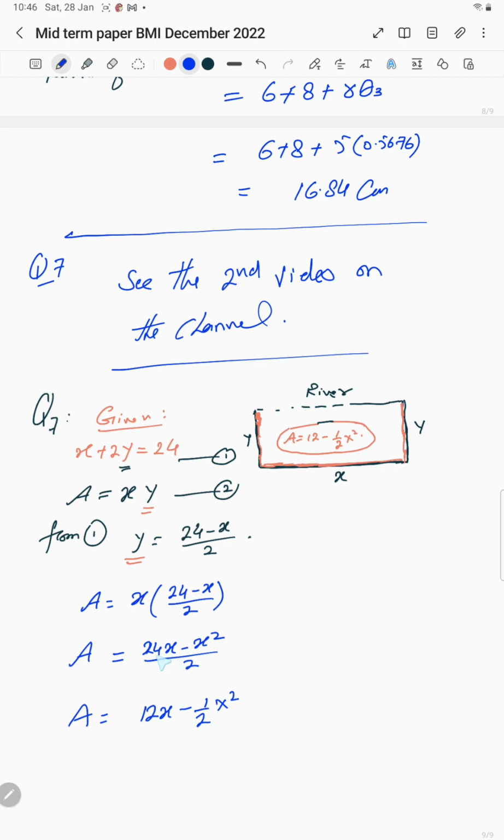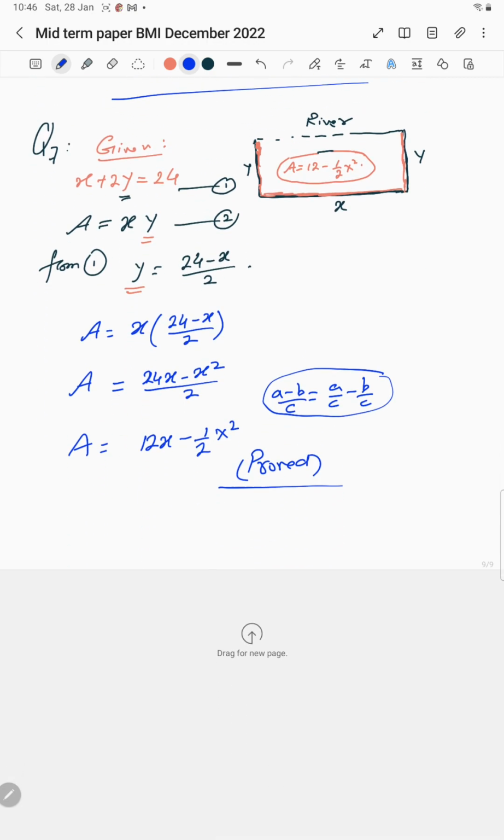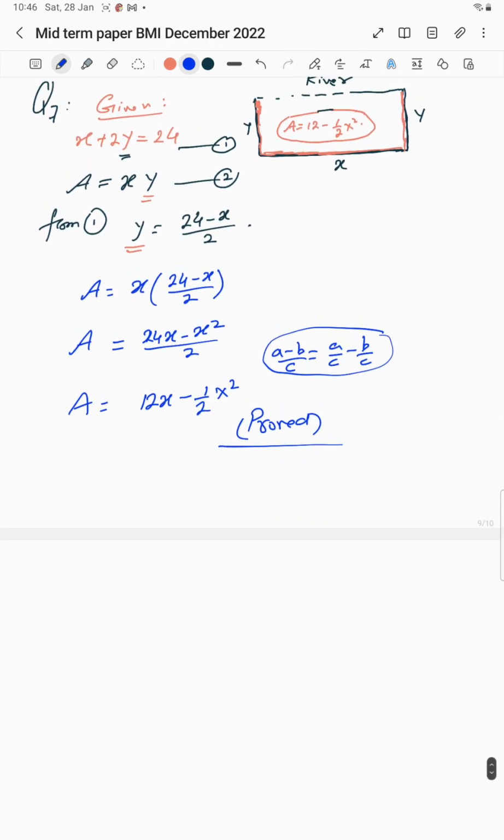When you divide this by 2, applying the property (a minus b) over c, distribute it like this. So this is what we have to prove. So here we can say hence it has been proved. The area of this three-sided fence rectangular field is 12x minus 1 by 2 x square. Proved.